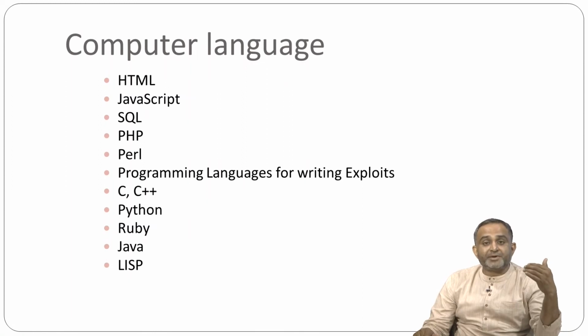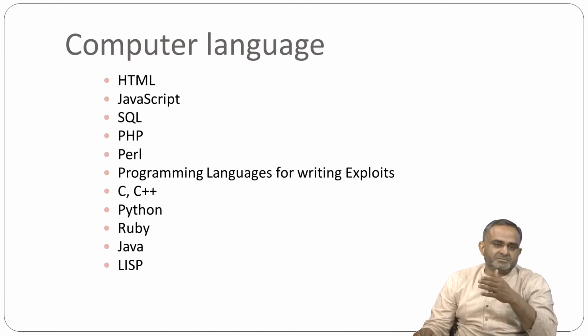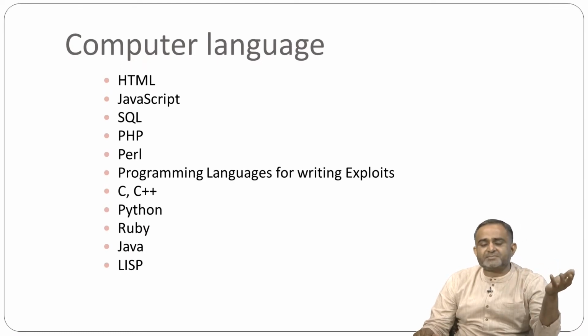And as we know, even today, maximum vulnerable code, like malware, or detection tools for malware, or some intrusion detection prevention systems, are written in C as well as C++. Again Python, nowadays the most popular language among the programmer community, and some malicious code is also written in Python.